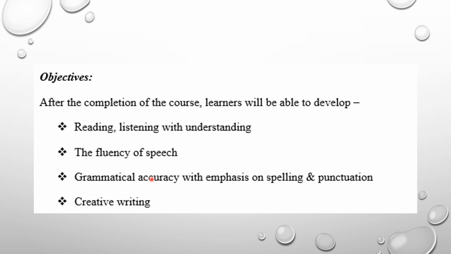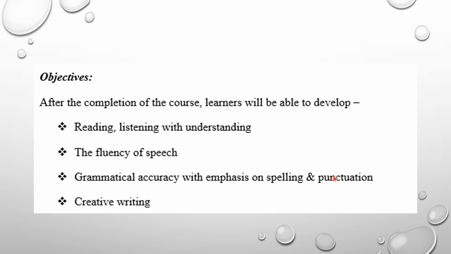When we write something, grammar will help us find out the mistakes and incorrect parts. In this way, grammar helps us achieve accuracy, and especially here it gives importance to spelling and pronunciation, which are very important for this course.